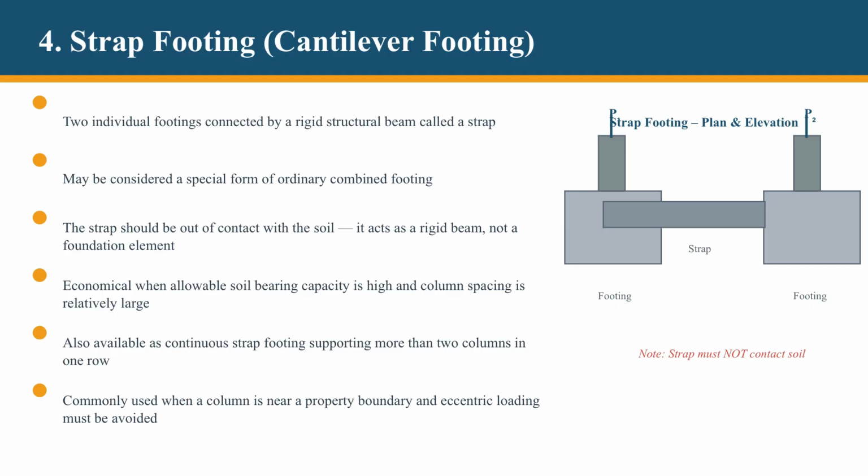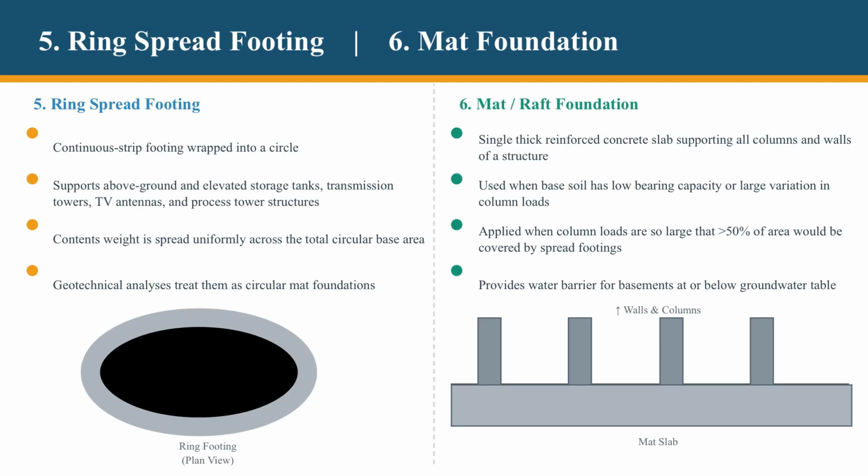So now let us move ahead to the next types of footing, and the fifth and sixth types of footing that we are going to study here is the ring spread footing. See, this is again a continuous strip footing, but its shape is such that it forms a circle.